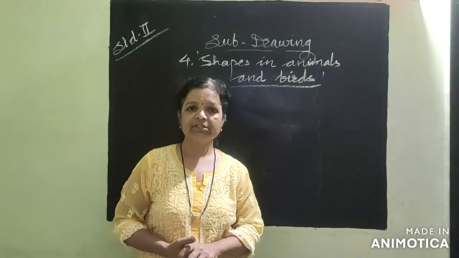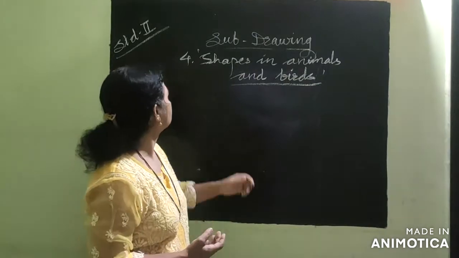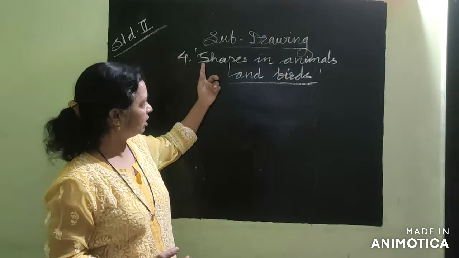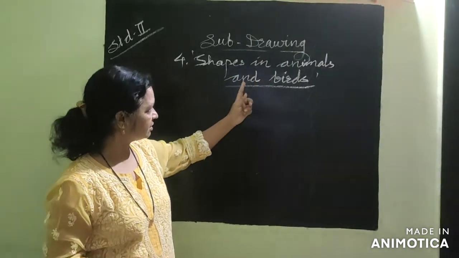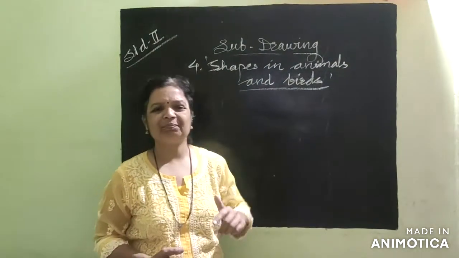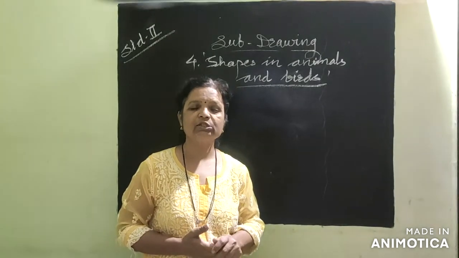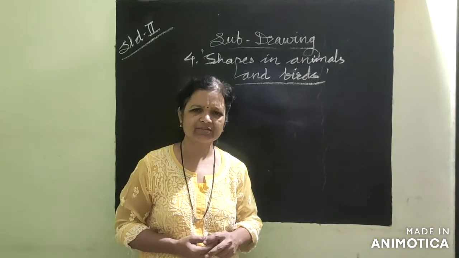Now in our second standard class, we are going to learn lesson number 4, shapes in animals and birds. We already know the basic shapes: circle, triangle, squares, rectangles.